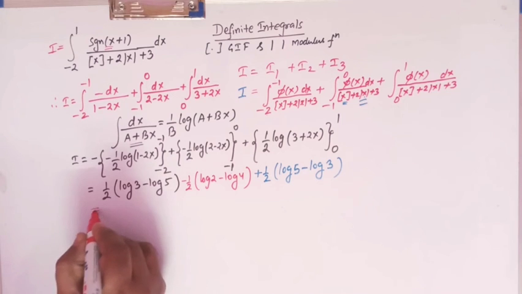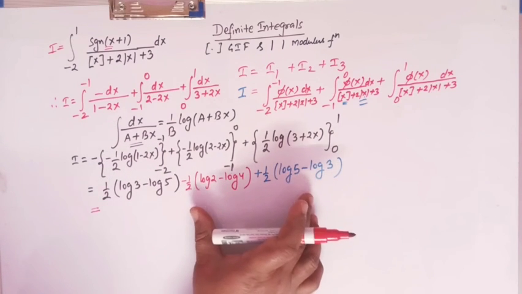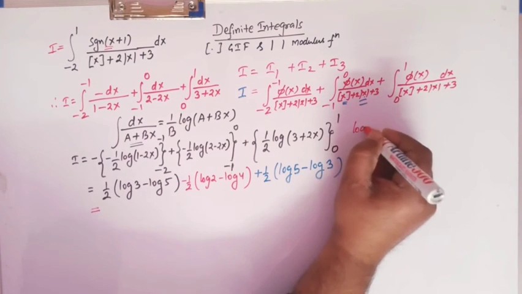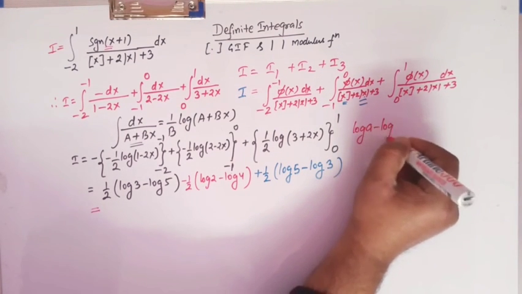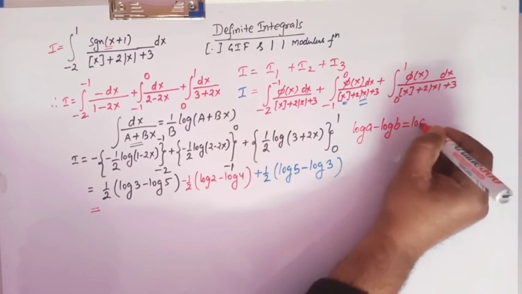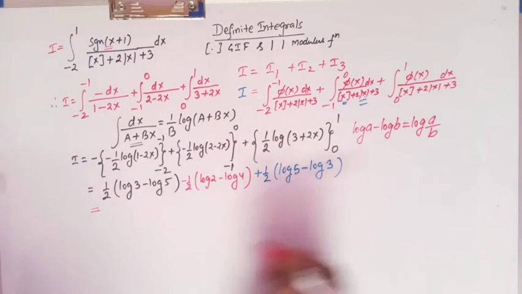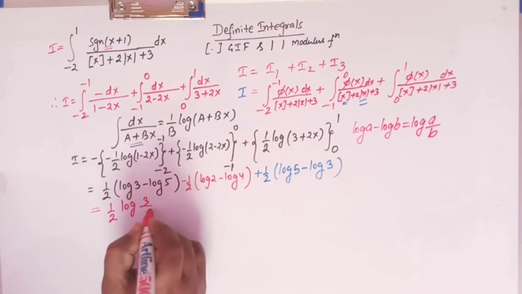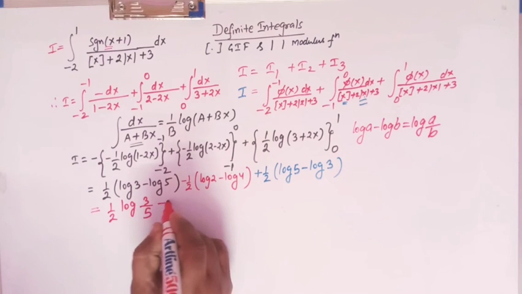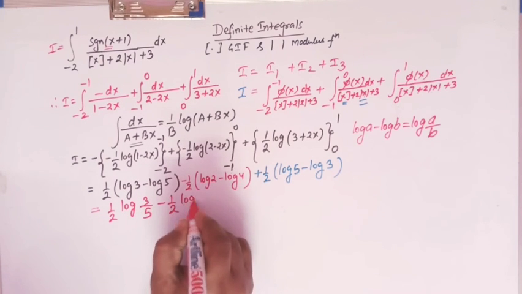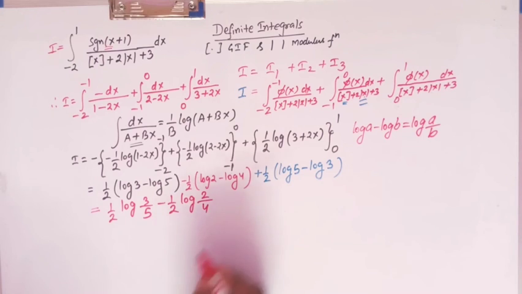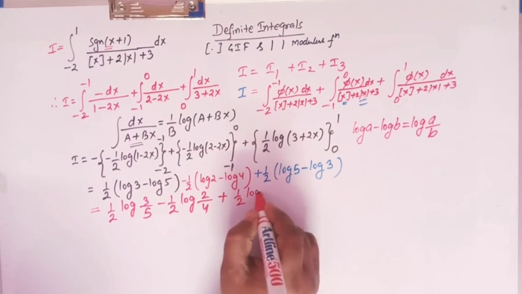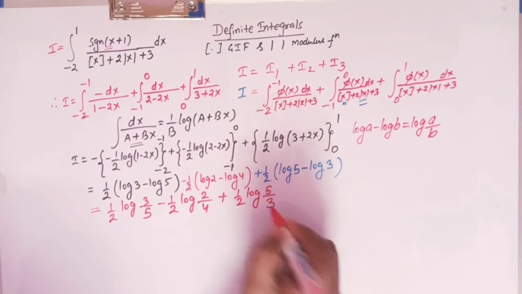Okay, and now here we can utilize the property of log, which says that log of a minus log of b is equal to log of a over b, right? So here we have half log 3 over 5, and here we have minus half log of 2 over 4, and here we have half log 5 over 3, right?